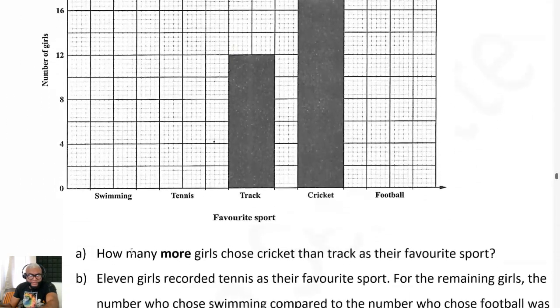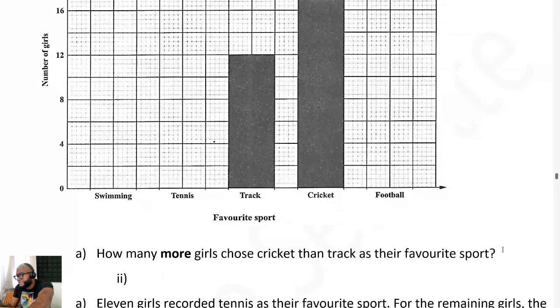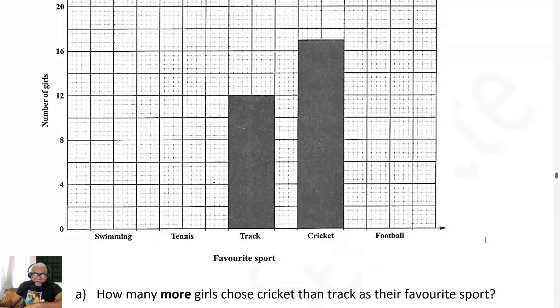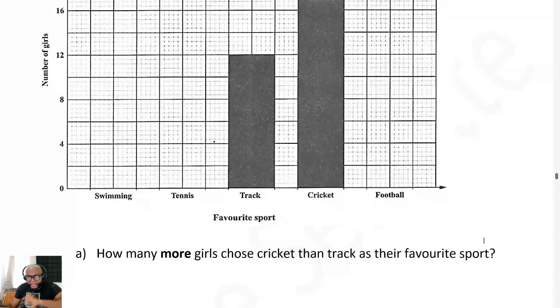So let me see what these people are asking us for now. How many more girls chose cricket than track as their favorite sport? What's the answer there, Melika? How many more girls picked cricket than track?